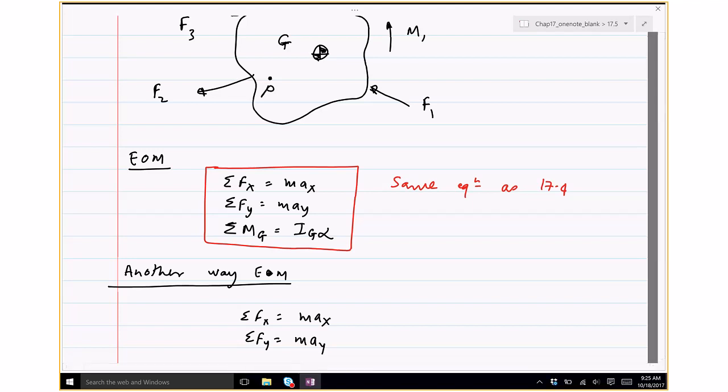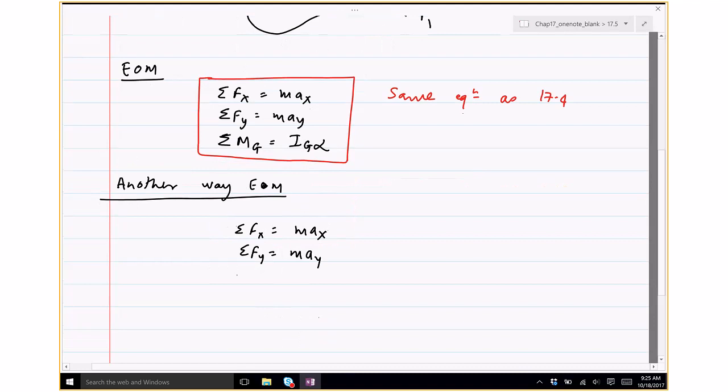It's not fixed. So M at P is equal to I_G times alpha plus, I'm going to sort of abuse notation here.